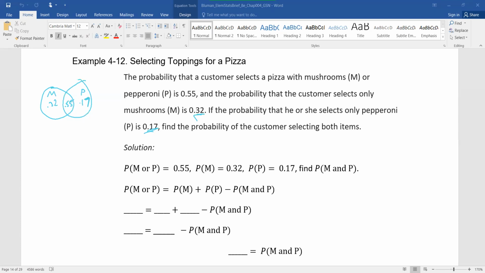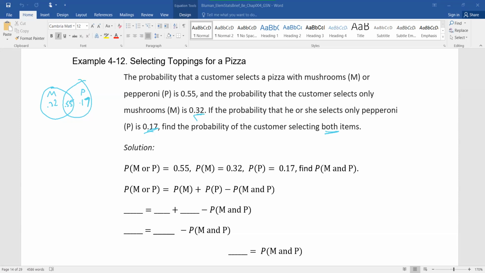Right? So here's a question. Is this mutually exclusive? Why not? Very good. You can have mushrooms and pepperoni on your pizza, so both events could happen at the same time. So we're trying to find the probability of the customer selecting both items, which means they have to get mushrooms and pepperonis.